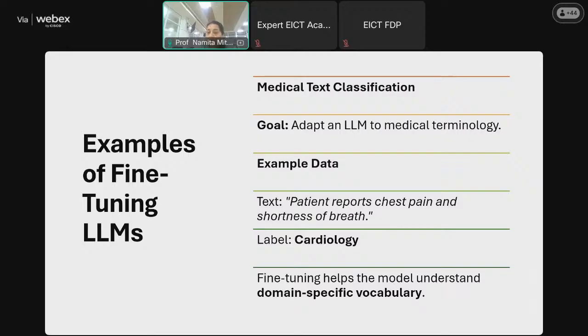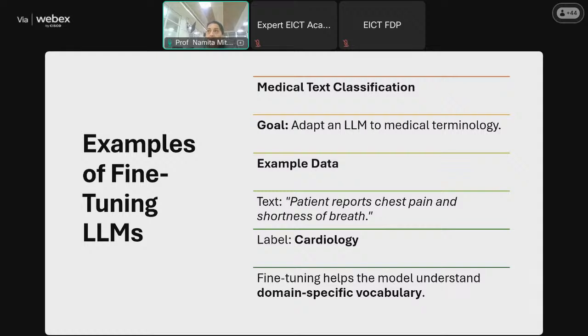What is the disease or ailment of that patient? The label is given, it pertains to cardiology. Similarly, we will have a dataset of text and label, text and label, so many texts with labels. With this dataset, we'll tune the generic model.